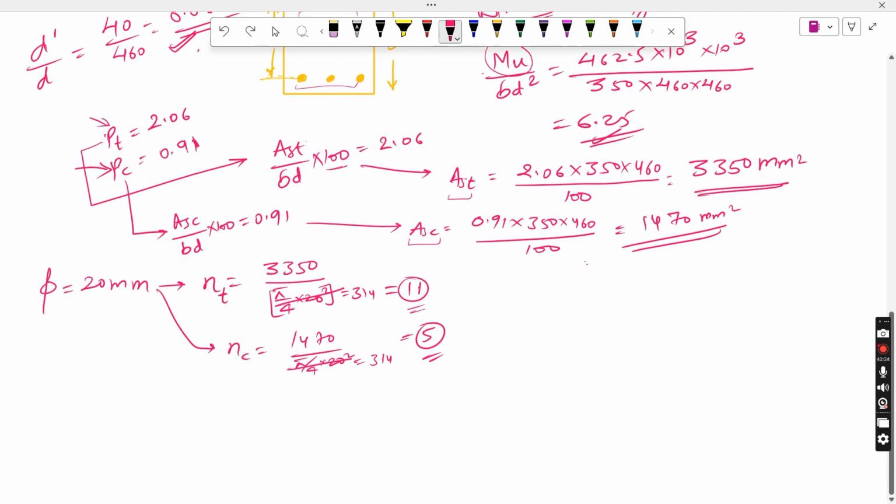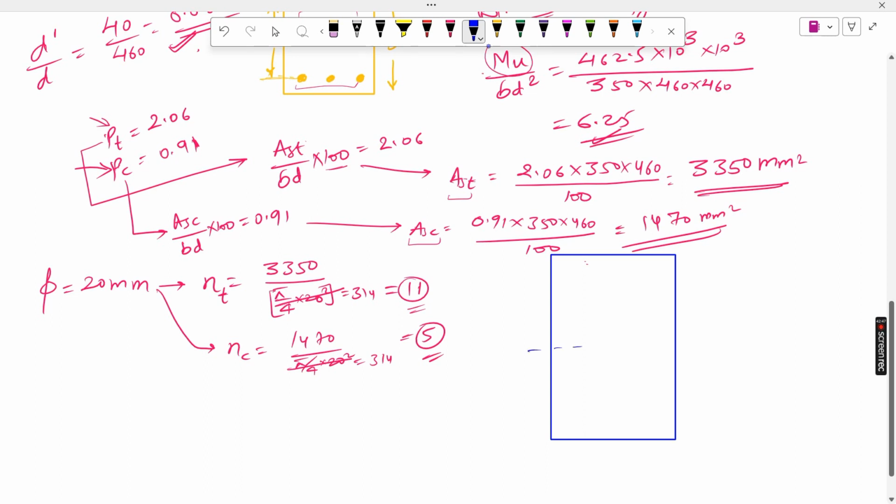One second, let me draw this again. This is the cross-section of your beam, and this is your compression side above the neutral axis. This is the neutral axis.